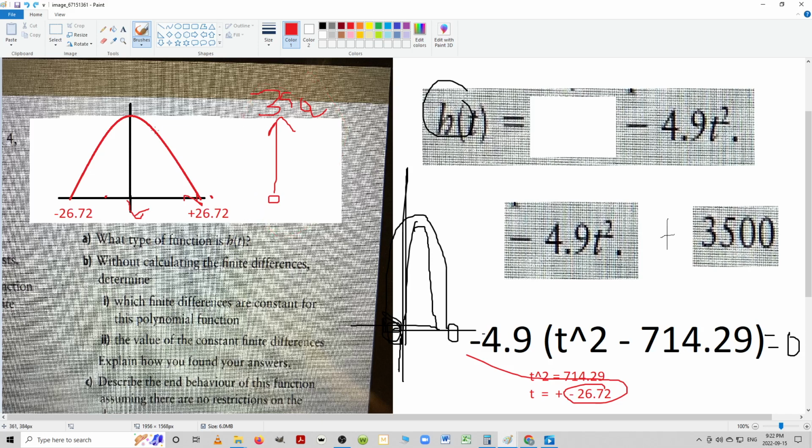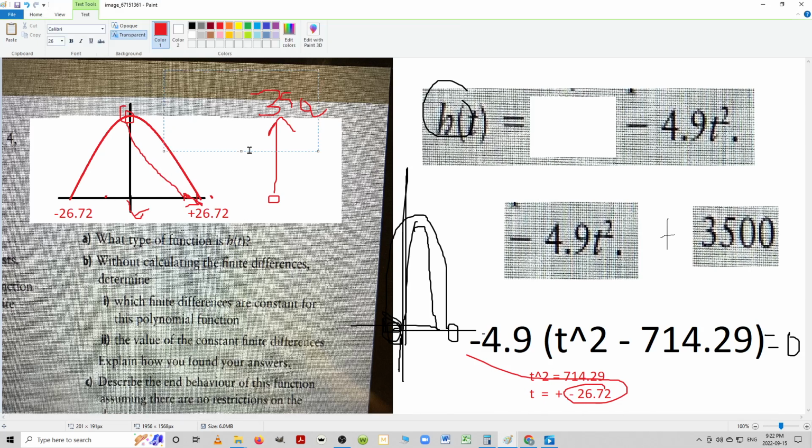We already know at time 0, that's the height, which means that's the reasonable limitation on the range. What's the reasonable limitation on the domain? Well, from when he jumps out of the plane at time 0 to when he lands, 26.72. So the reasonable restrictions are on the domain. Domain, it's going to be 0 is smaller or equal to x is smaller or equal to 26.72 minutes. Is it minutes?